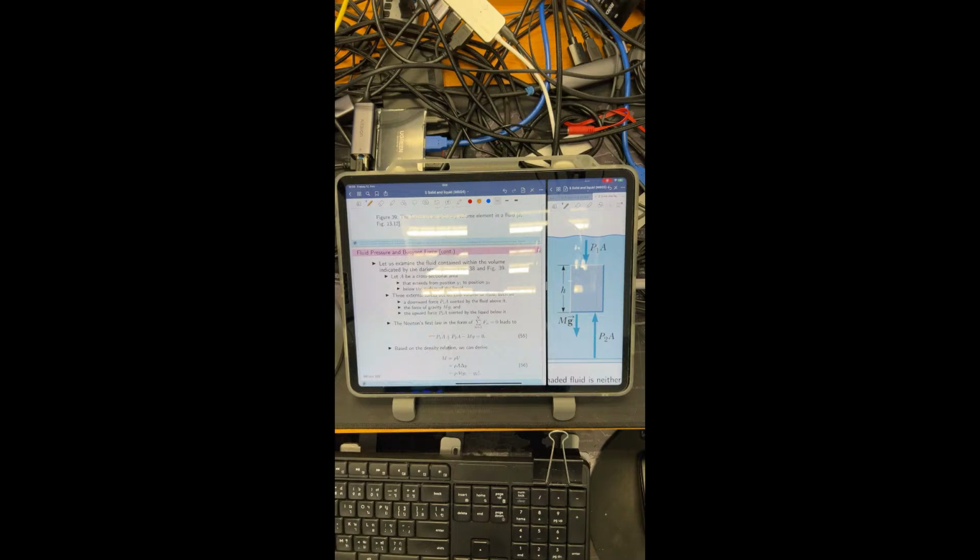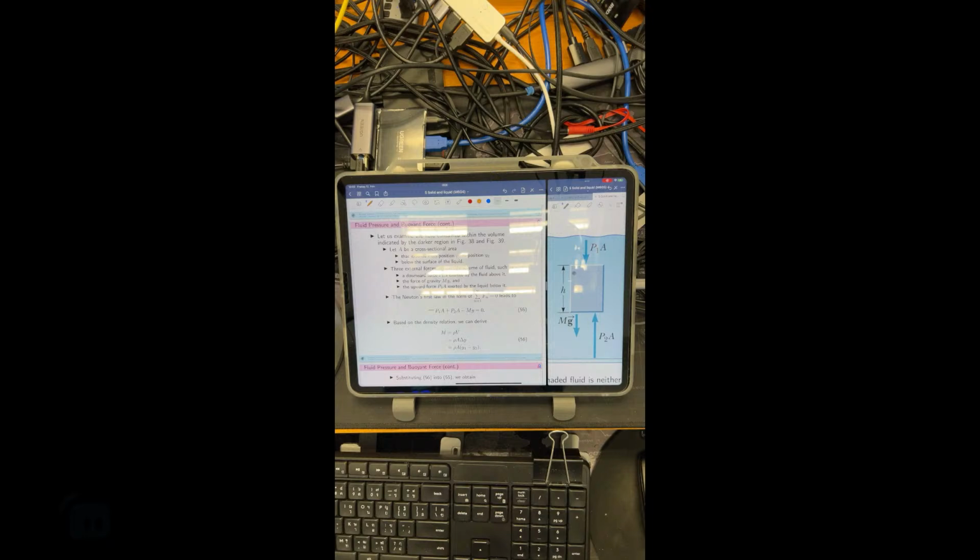Based on this density relation, we can derive m from the density. m is rho V, sorry.